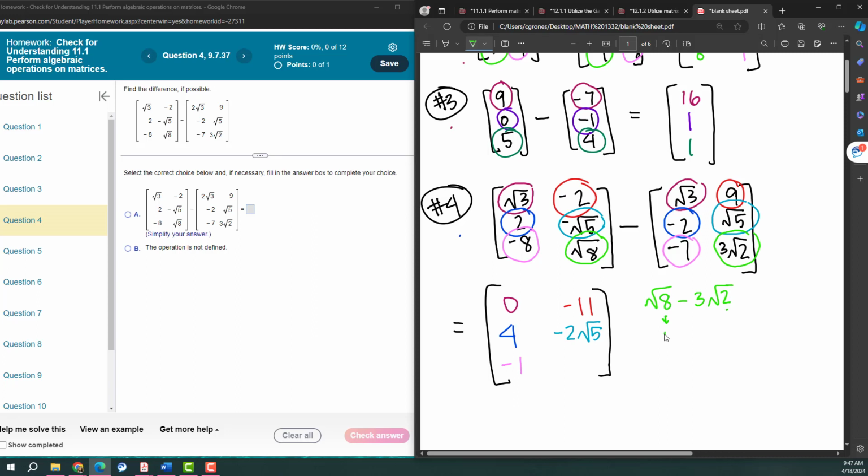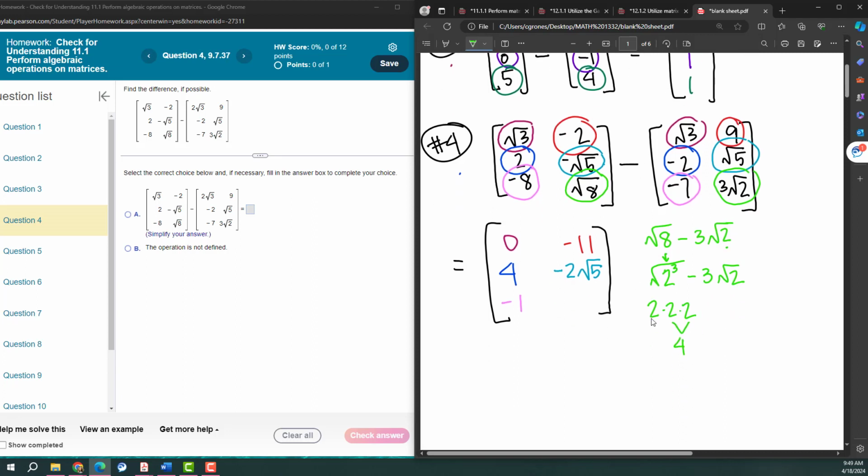So 8 can be rewritten as 2 cubed, and we would keep that under the square root. So 2 cubed is going to be 2 times 2 times 2. So we can break this up. We know that 2 times 2 is 4, and remember, all this is under our square root. So 2 times 4 is going to give us that 8.